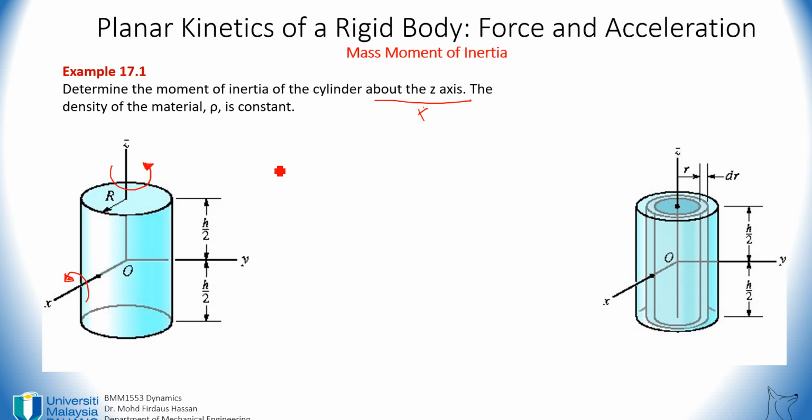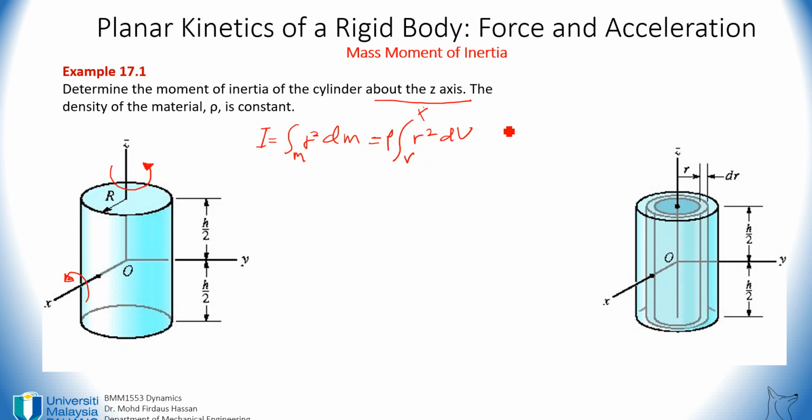So we know that the basic equation for mass moment of inertia is I, the integration of r squared, the radius, with respect to m, or if you change this one to v, you will get rho r squared dv.